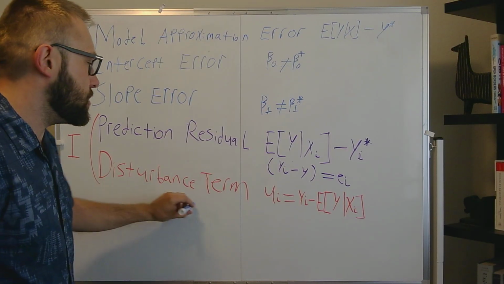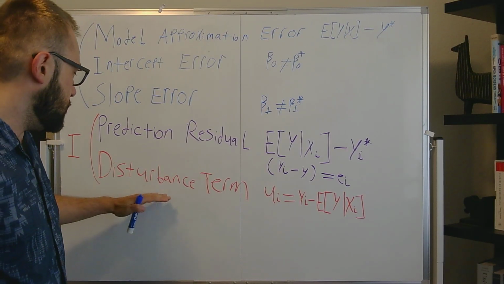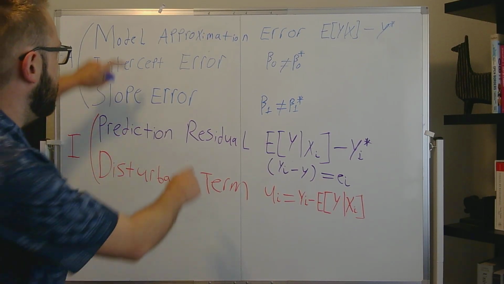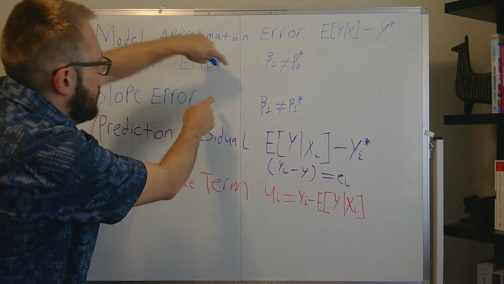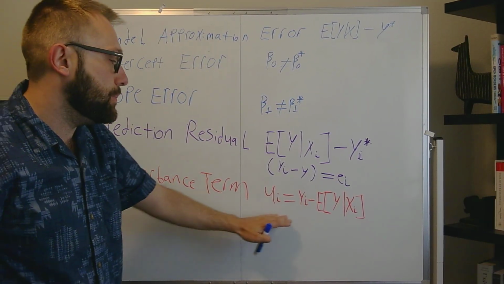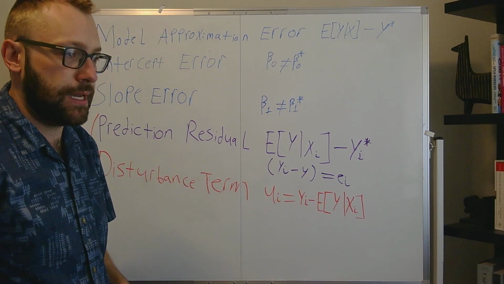Finally, the disturbance term is where most of econometrics is going to live. So this will be where we end the video series. I will break these into 3 parts. So these two will share a video, these two will share a video, and then we'll talk about the disturbance term, u_i equals y_i minus the expectation of y given x_i.